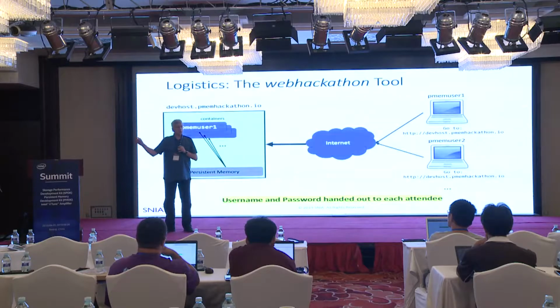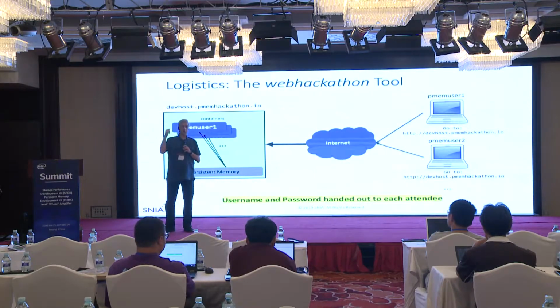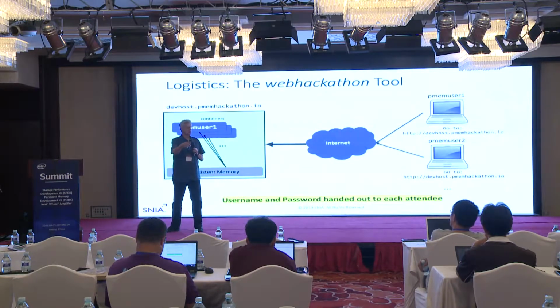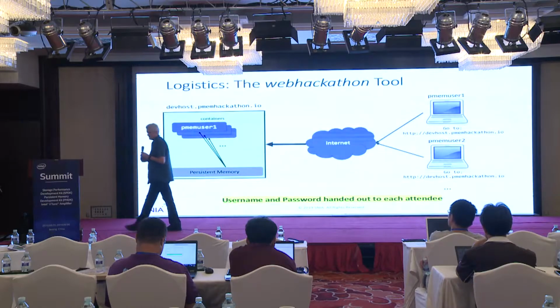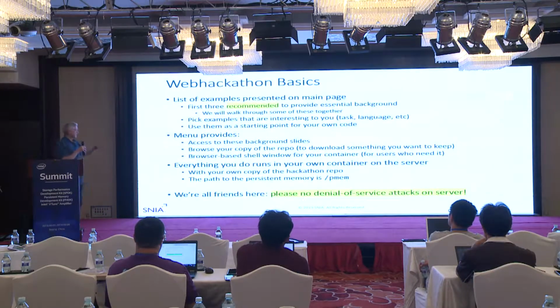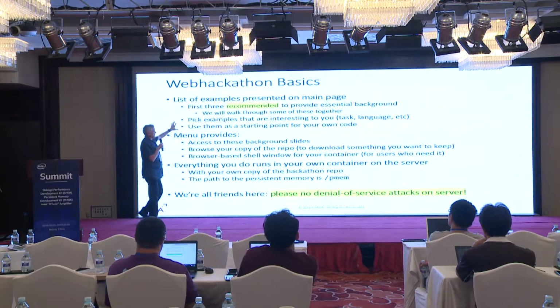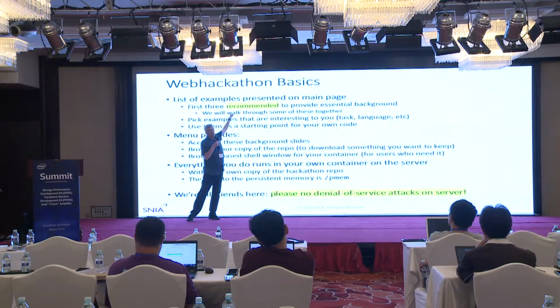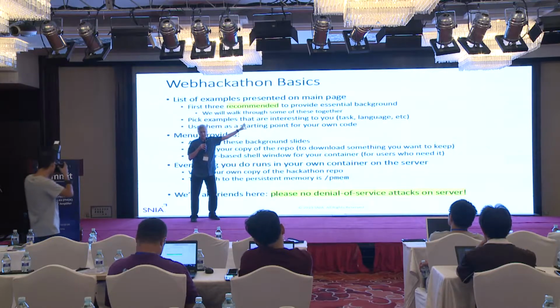And I will walk through the first 3 examples with you. But then you can walk through all of the examples and take as long as you want. You can ask questions and so on. All right? So when you log in, there will be a list of examples on the main page, and the first 3 that I'm going to walk through with you are marked as recommended examples, okay?